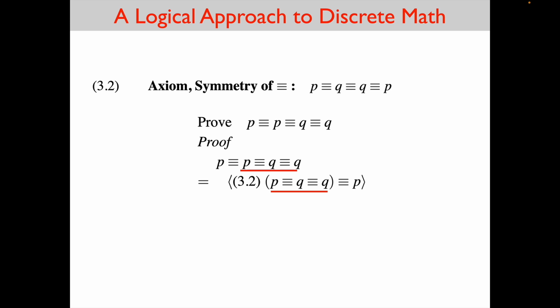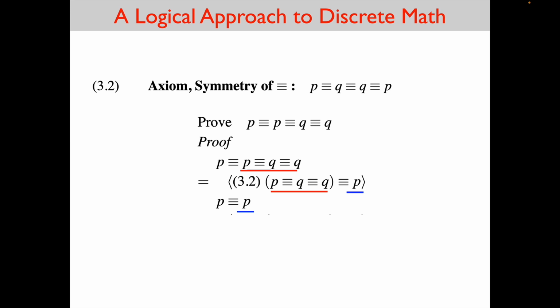And then in the hint, we have P equivales Q. But what does the hint say that P equivales Q, close parentheses, equals? Well, it equivales P. So what we do is we replace the P equivales Q with P as follows. Boom.